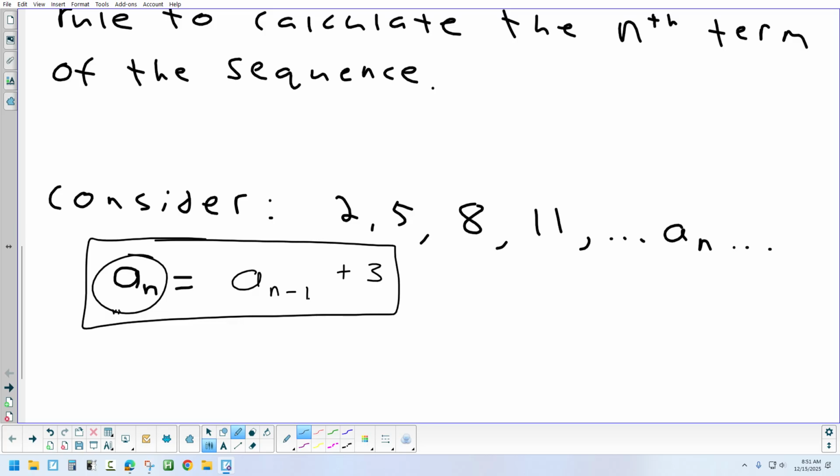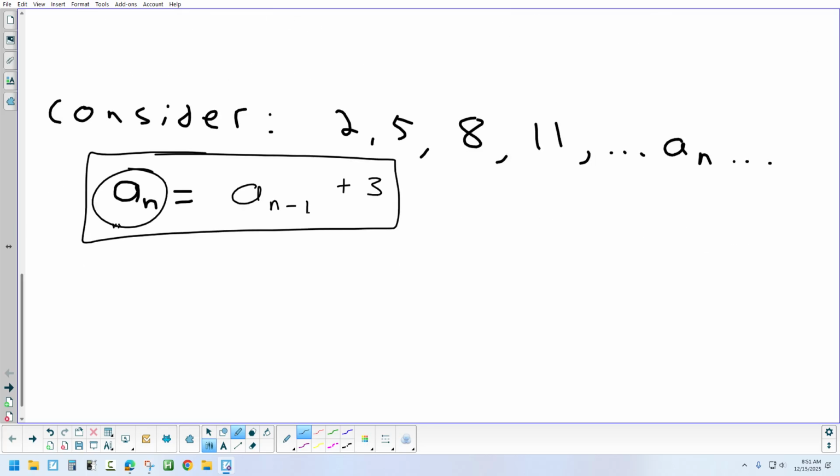So if I wanted to know, let's say, the fourth term, fill in 4 for n, I would take the 4 minus 1, which is the third term, and add 3. That's the formula for the fourth term. And in this case, we know the third term. The third term is an 8, and if we add 3 to it, we get 11.